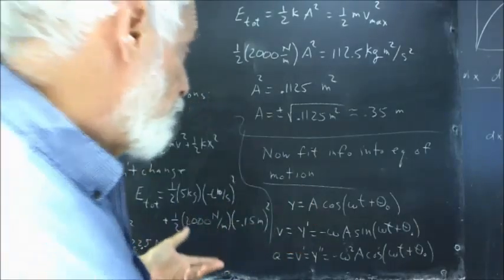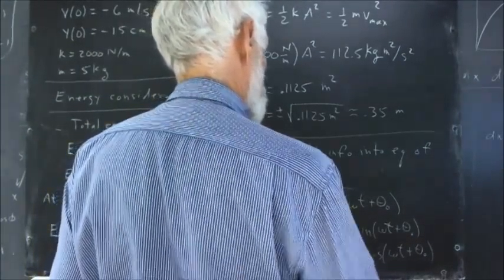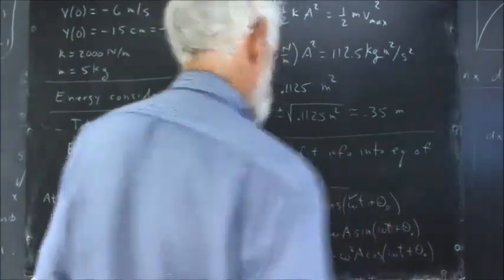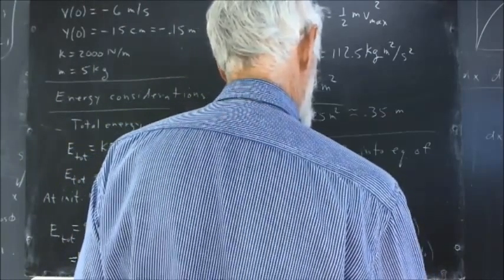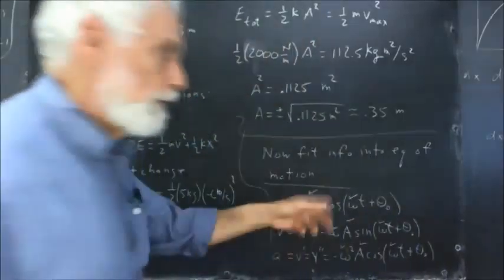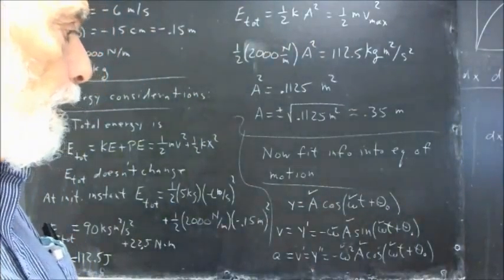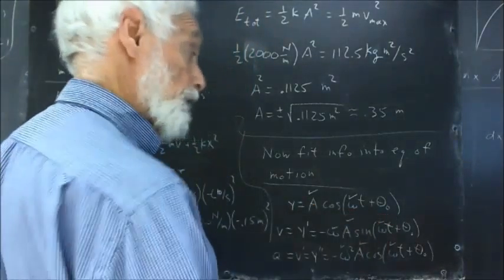Let's look at what we do know. We know A, we know omega. I've got little check marks over everything we know. The only thing we don't know for this side of the equation is theta naught.